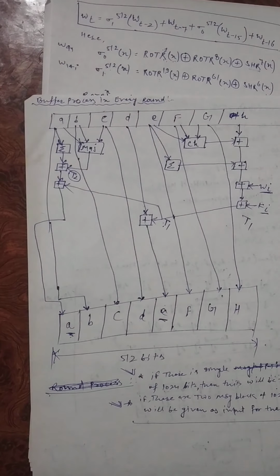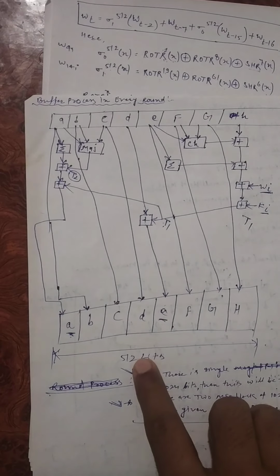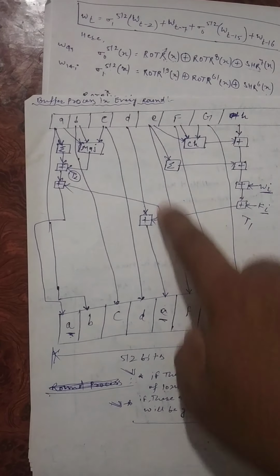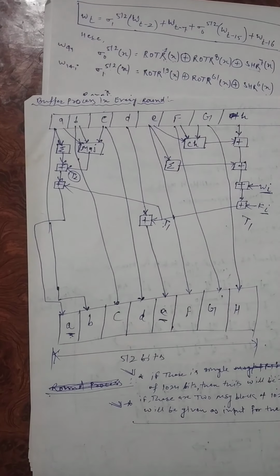And now suppose if there are multiple message blocks, suppose 2 blocks of 1024 and 1024 size, then the output of this one will be given as an input for the next round, or for the next block.